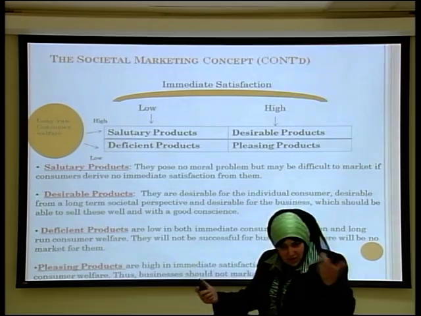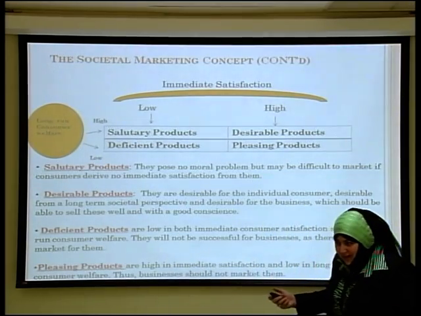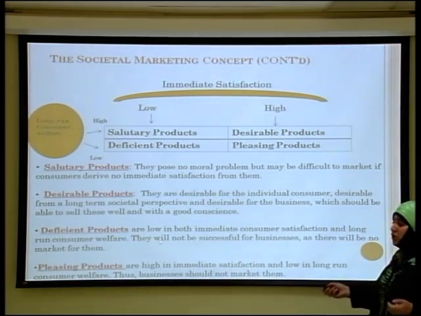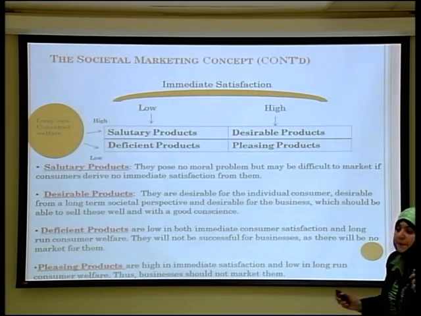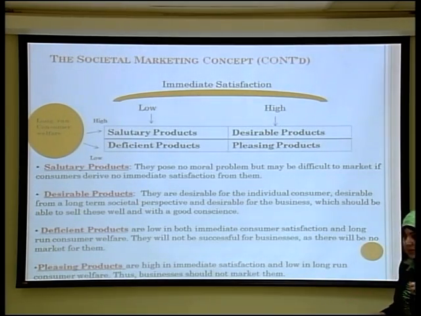So they have a market. Deficient products are low in both immediate consumer satisfaction and long-run consumer welfare. They will not be successful for businesses as there will be no market for them. These are the deficient products.